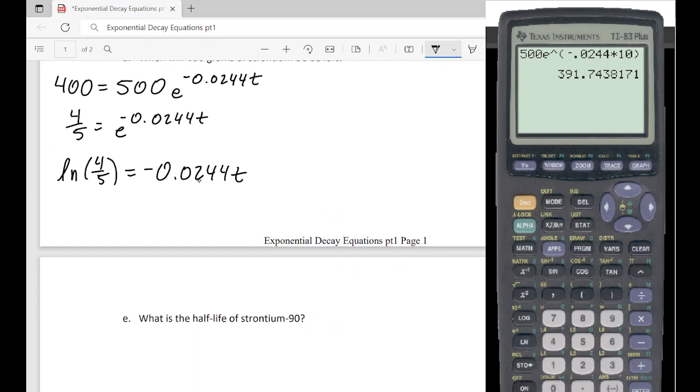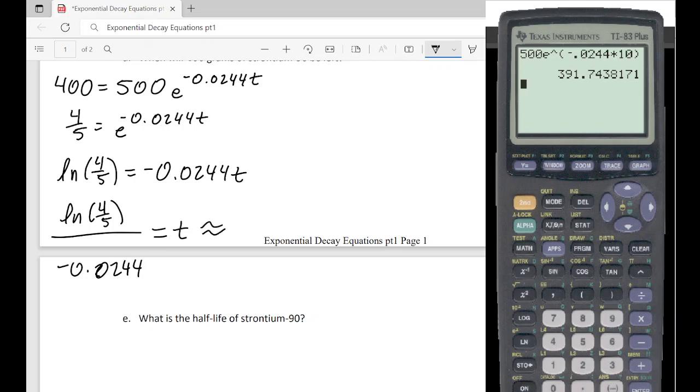And now I'm going to divide both sides by negative 0.0244. So I'm going to have ln of 4/5 divided by negative 0.0244, and that's going to be t.